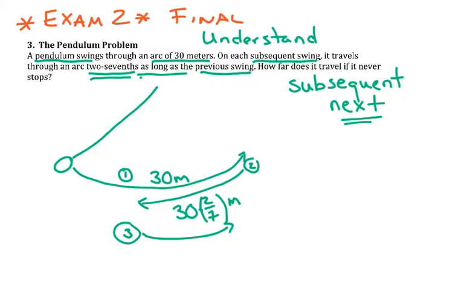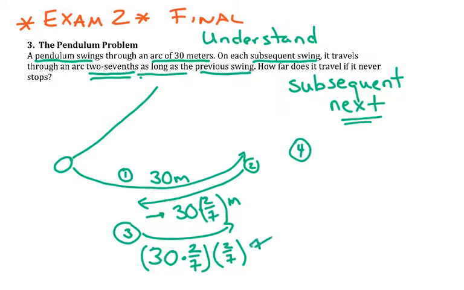It goes, well, this distance times 2/7 again. It goes 2/7 this distance. And then on the fourth swing, it would go this distance times another 2/7.